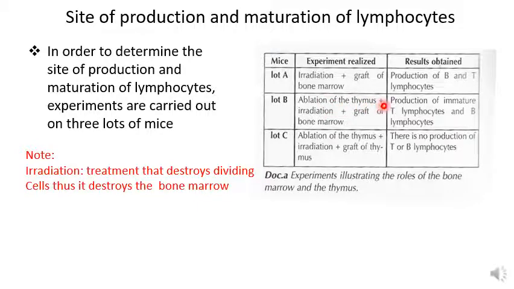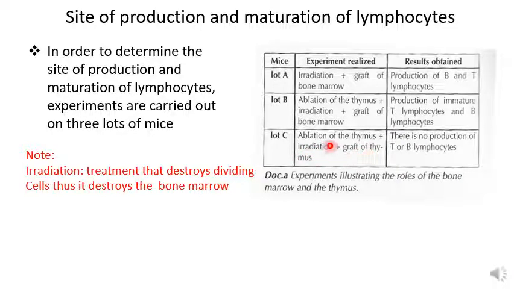So, lot B: ablation of the thymus, followed by irradiation, followed by graft of the bone marrow. As a result, we can say that lot B does not have a thymus, but still has bone marrow cells. And lot C: ablation of the thymus and irradiation, then graft of the thymus.